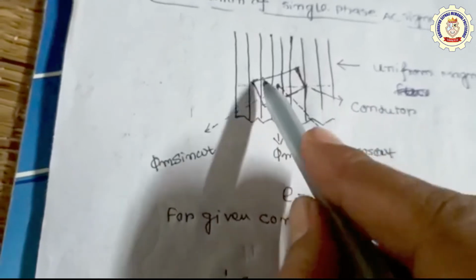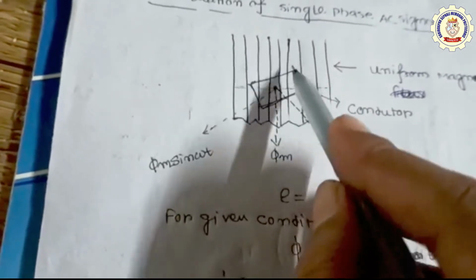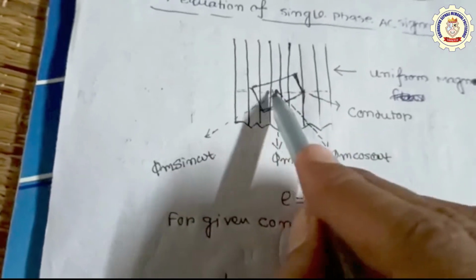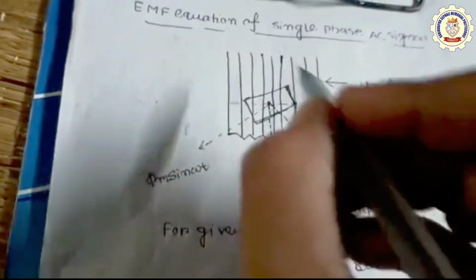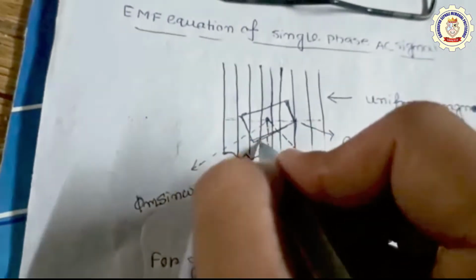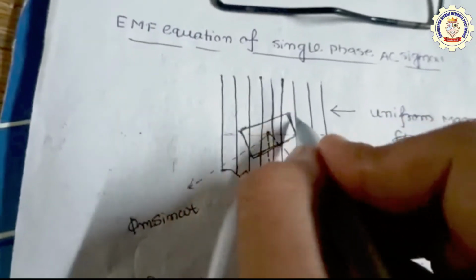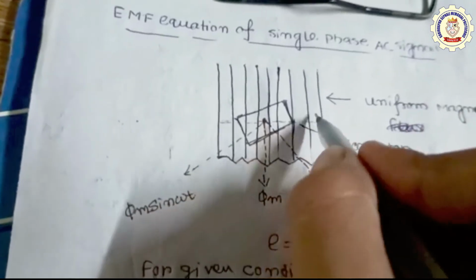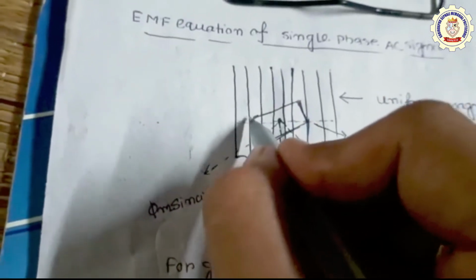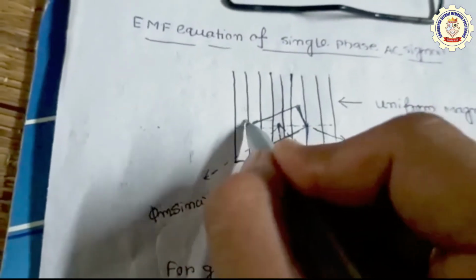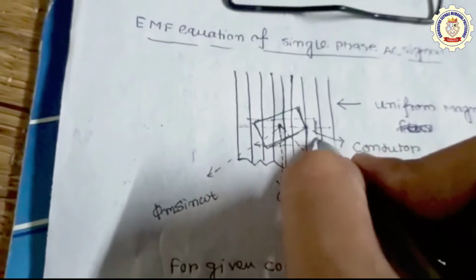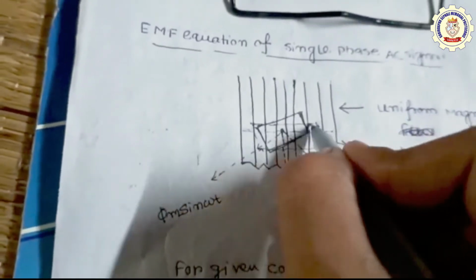Remember one thing, that the conductor is not in just zero position. Look at the position of the conductor here, it means it has already rotated, it already tends to rotate. If it were in rest condition, then the figure would be like that.